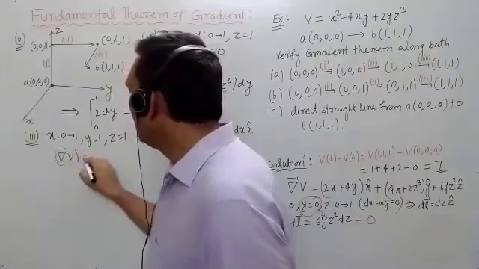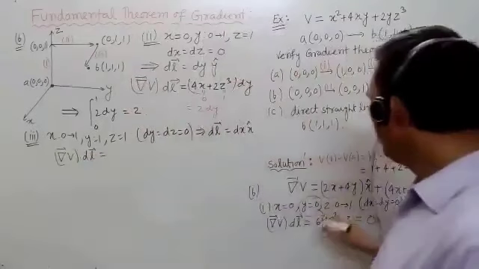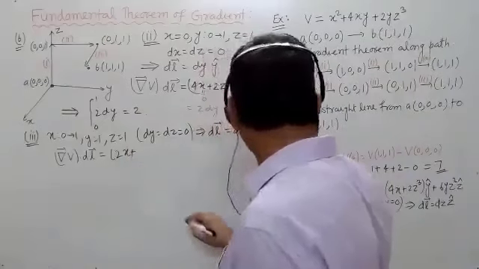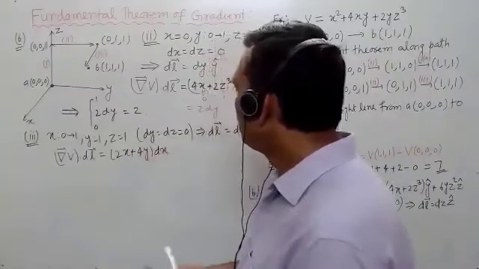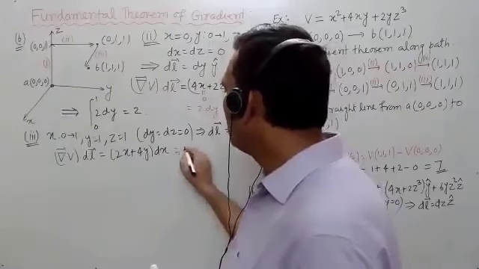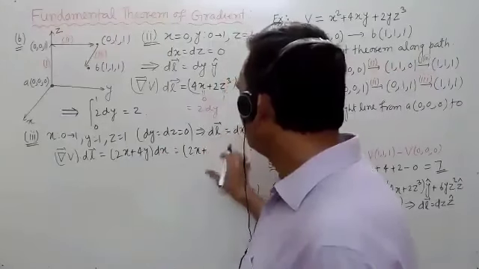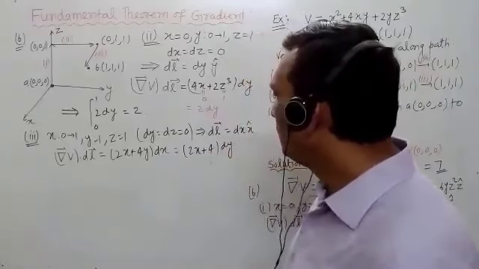So gradient v dot dl is twice x plus 4y dx. So y is 1, so this is twice x plus 4 dx.